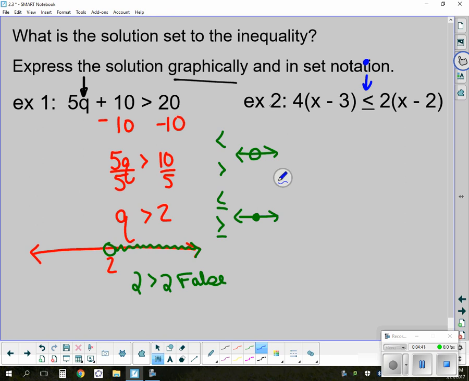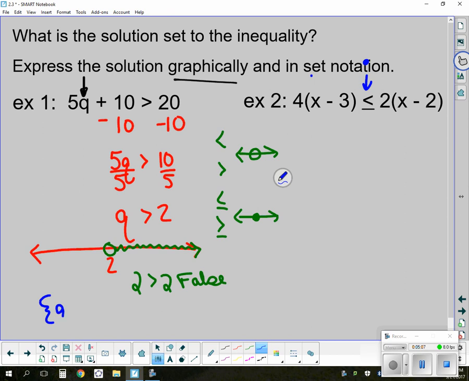Okay, finishing up number 1, though, we want to use set notation. For set notation, we use these nice curly brackets. And make sure you're using the variables that they say. That's something else I've noticed you guys doing. A problem will tell you to use p and you still use x. So you want to use whatever variable is worked out in the problem or is given in the problem.